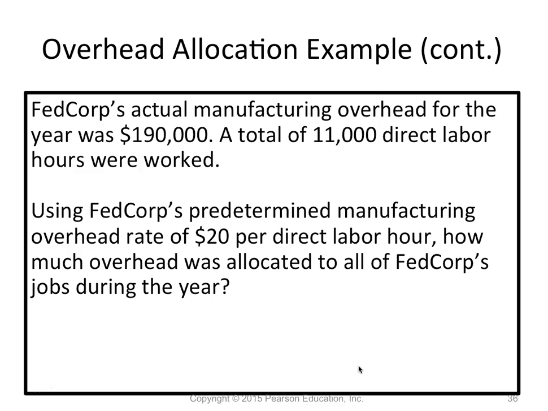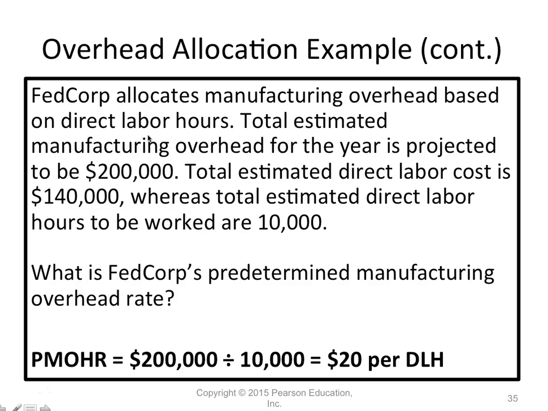So Fed Corp's actual manufacturing overhead for the year is $190,000, with a total of 11,000 direct labor hours. So you see, this is 190,000, while we estimated 200,000, so there'd be a $10,000 difference.